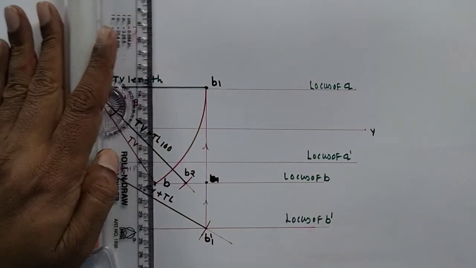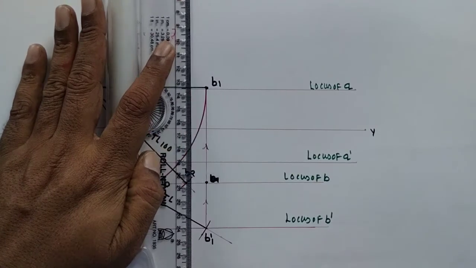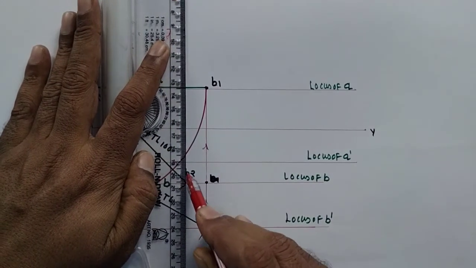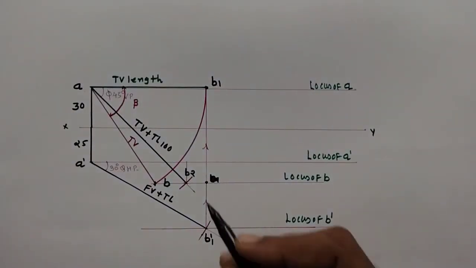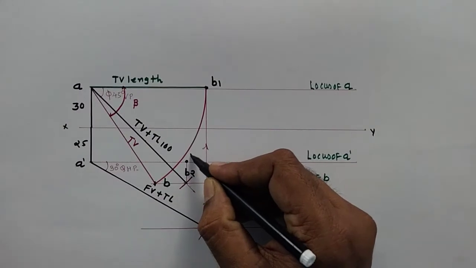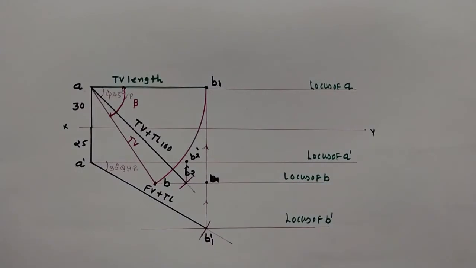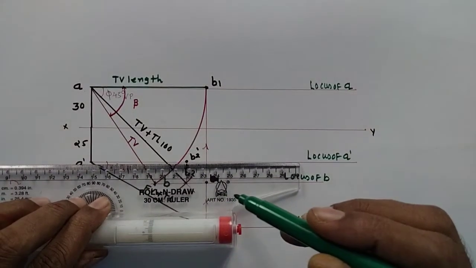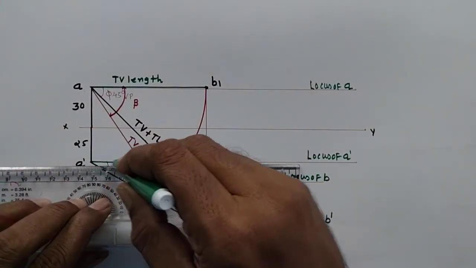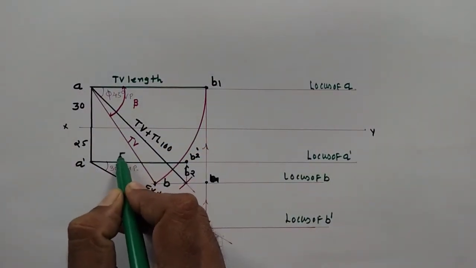So for that, we draw the vertical projection from B2 on the locus of A dash. We got B2 dash. Now you can join your A dash B2 dash. It is your front view length.